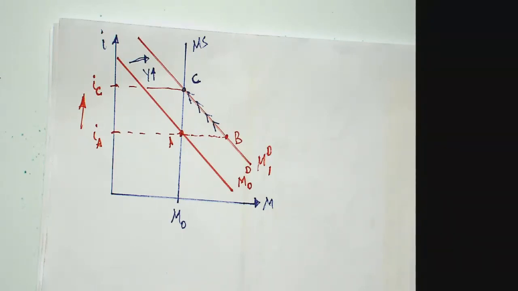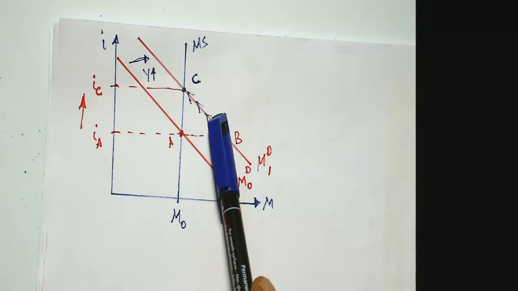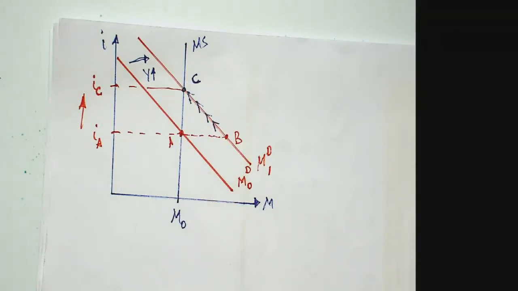So this adjustment process, or this decrease of money demand, would continue until the point where we reach point C, which is the money market equilibrium, where money demand is equal to money supply.